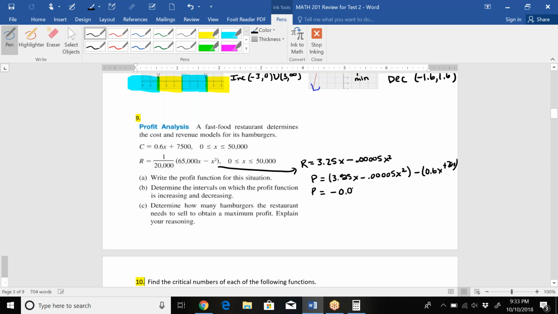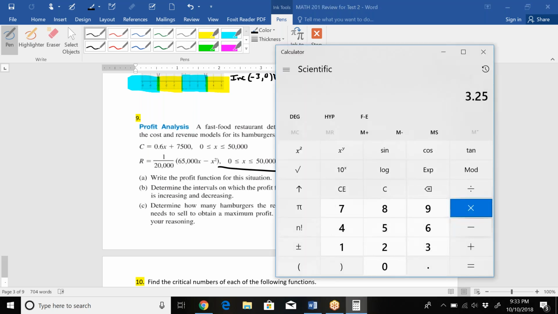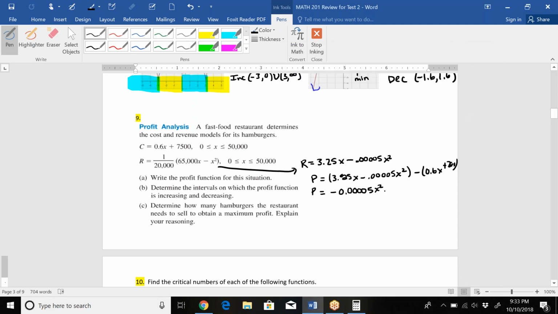So negative 0.00005x squared. Then 3.25 minus 0.6 is 2.65 positive x. And then we have to subtract that 7,500 because we have to distribute that negative. So there's my profit function.